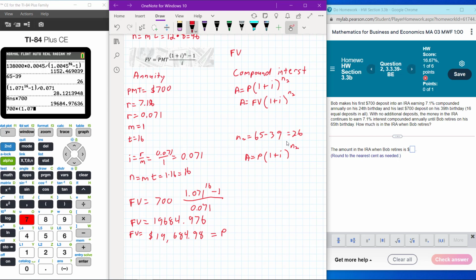Now remember, n sub 2 is going to be the total number of payment periods, and that means that n sub 2 is going to be the number of years between Bob's 39th and 65th birthday. That will be 26 times the number of compounding payments per year, which is just simply 1, so it will be equal to 26.